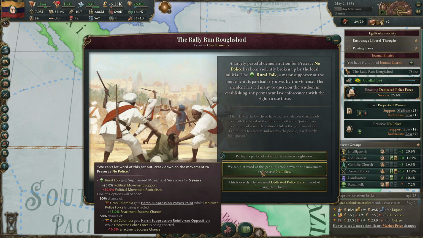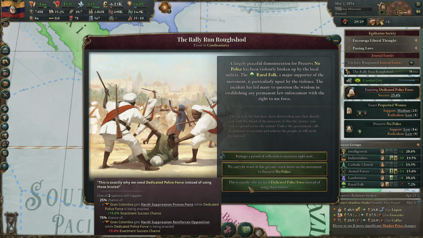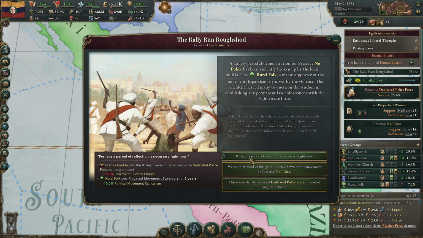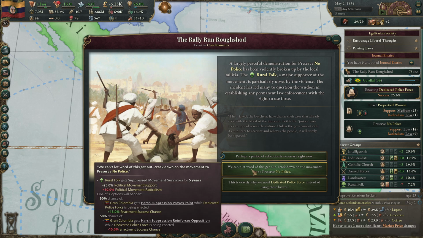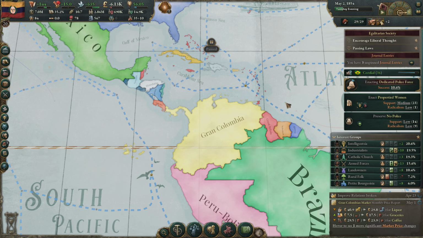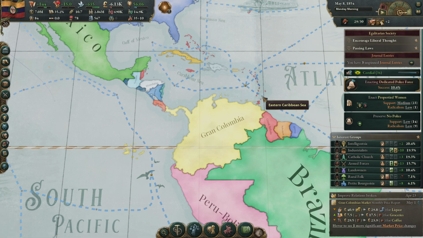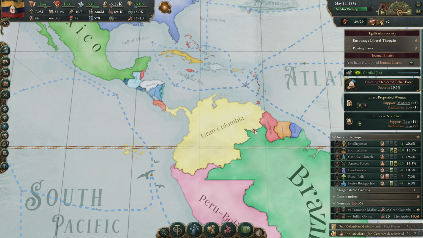Meh. And we were unlucky, but we still have 10%, so I'm gonna keep doing that one.